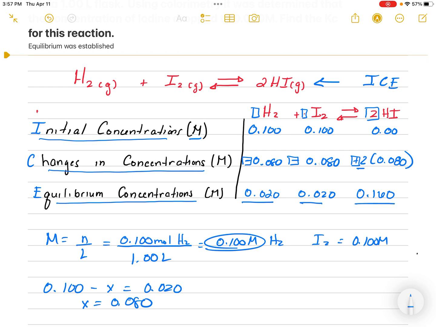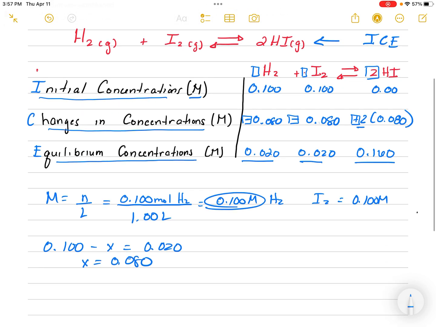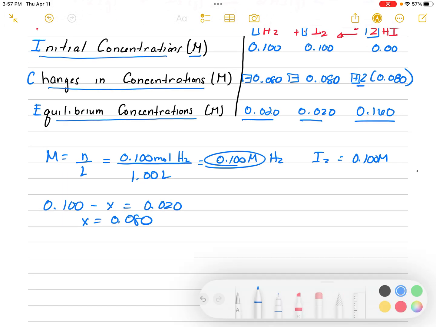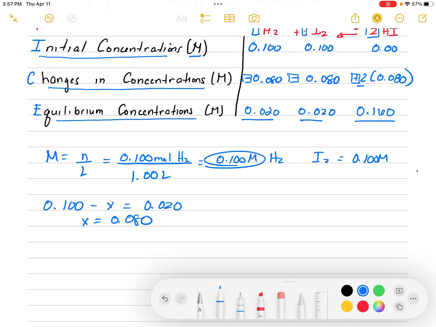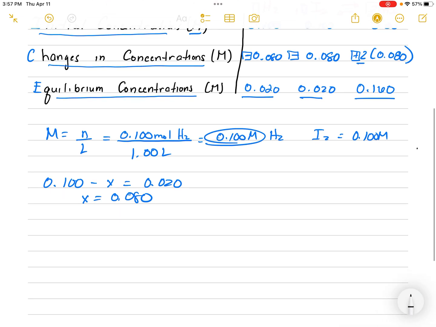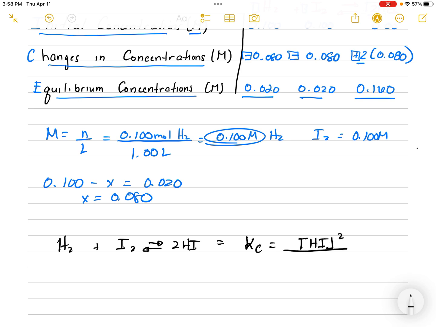So what does that mean? Well, once we have our concentrations at equilibrium, then we can set up the mass action equation. If I take a look at our equation, which is H2 plus I2 yields 2 moles of HI, the equilibrium constant, or the mass action equation, is going to look like this: products over reactants.